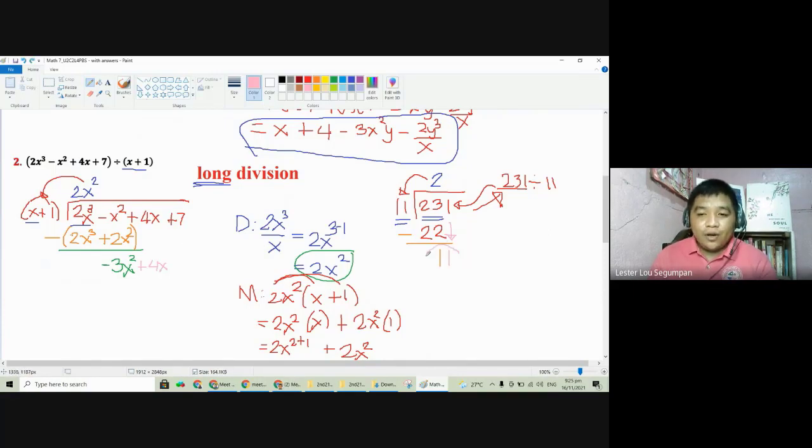Because once you brought down this digit, you're going to repeat the same processes. So 11 divided by 11, you start with division, you have the answer of 1. After that, multiplication, 1 times 11, 11. That's your second step. Third, subtraction, and you will have here the result.